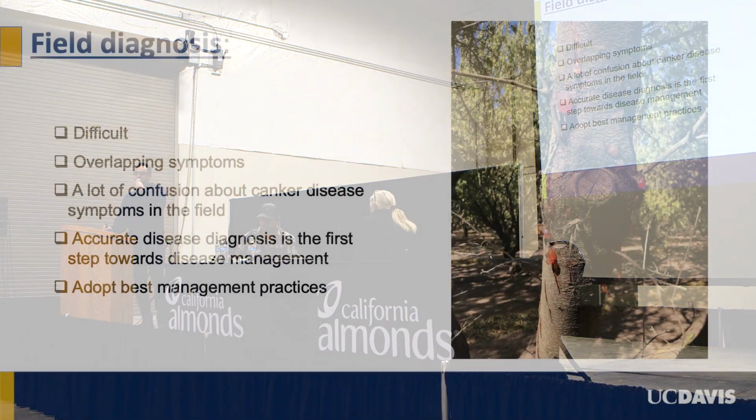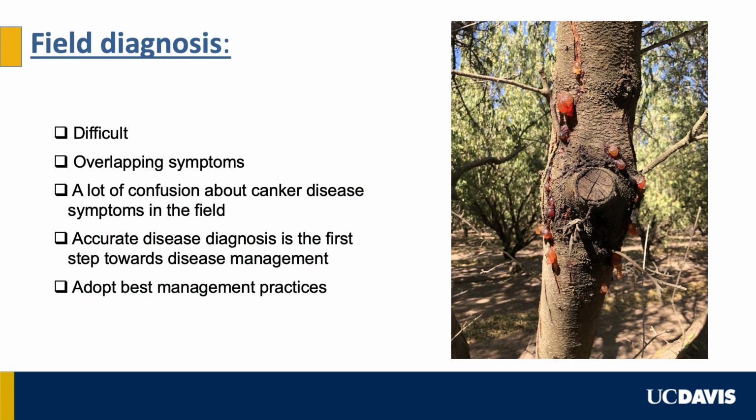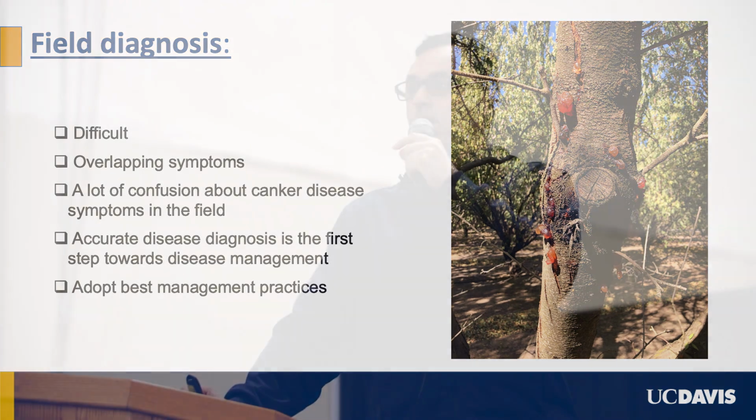And one of the reasons it's important to know what canker disease you're dealing with is because management depends first on accurate diagnostics, right? So when you see these sorts of issues in the orchard, all this gumming, some of you may attribute that to Phytophthora, some of you may attribute that to band canker or Botrytis. Others may attribute it to Ceratocystis.